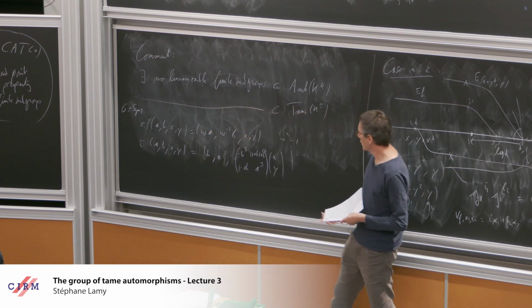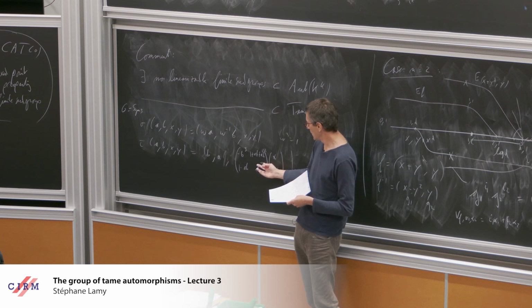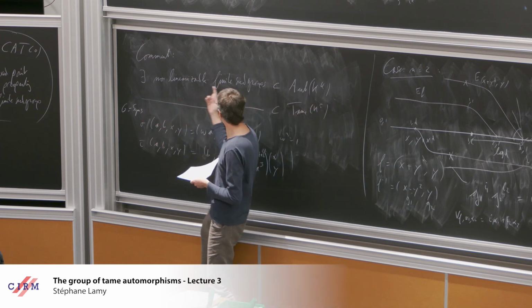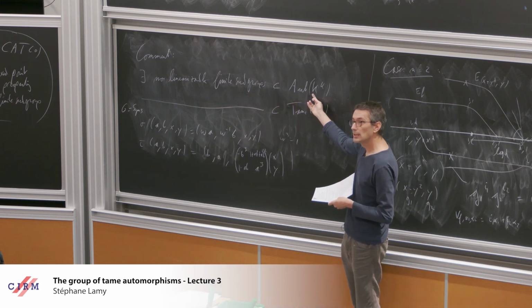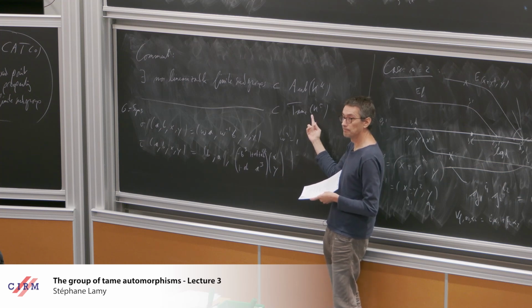You can check it's an involution, linear, invertible, of order 2, and it gives you a copy of the symmetric group of order 6 in the group with 4 variables, and they know that it's not linearizable. And if you add a fifth variable, it becomes tame.